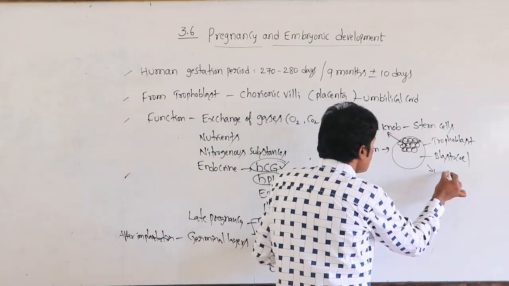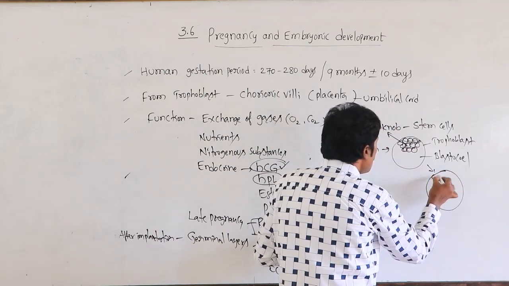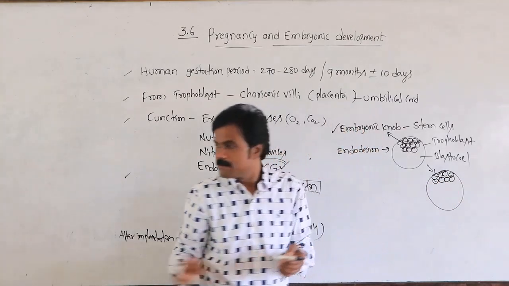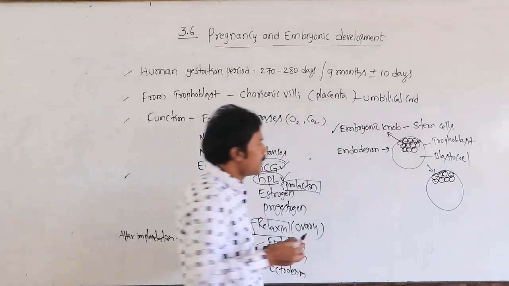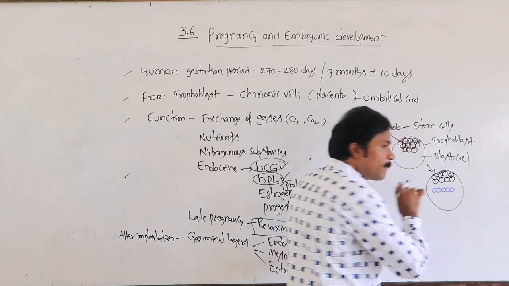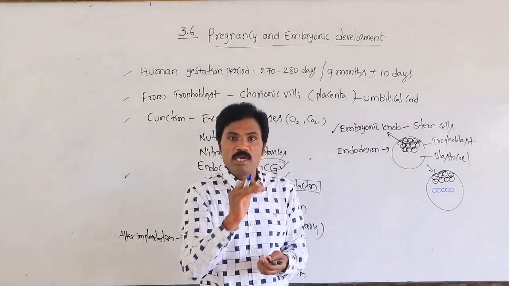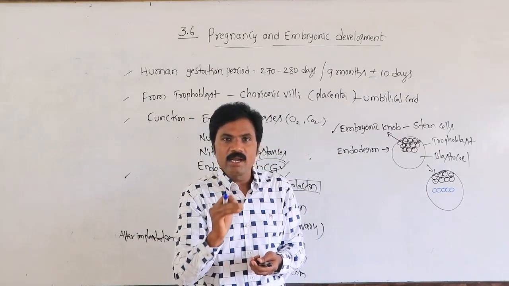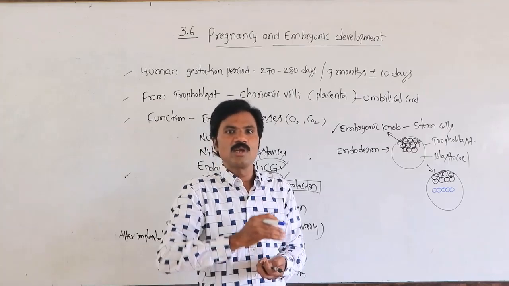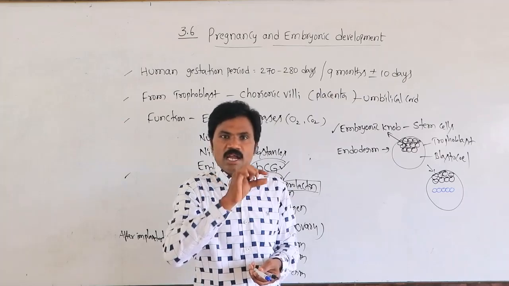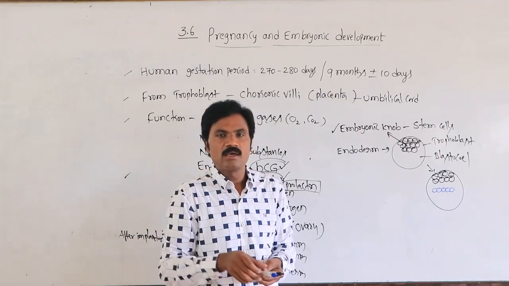Then whatever is present is separated. The lower embryonic cells are separated or segregated, which is delamination. After delamination, one particular layer is formed.